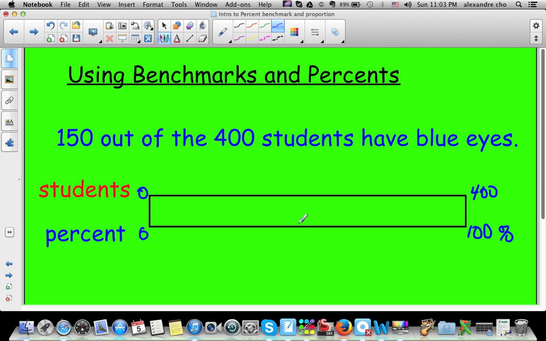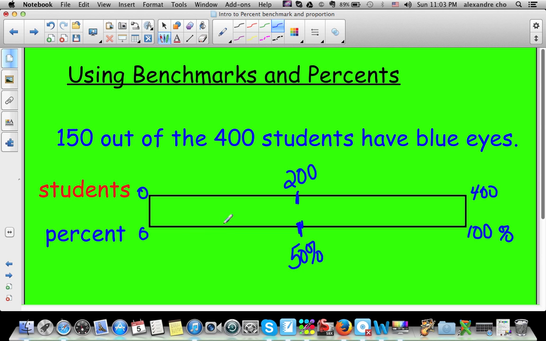Alright, so again, benchmark. I will start with the middle. That's 50%. And 50% of 400 means 200 kids. We don't have to worry about the top half here. So let's work on the left side.